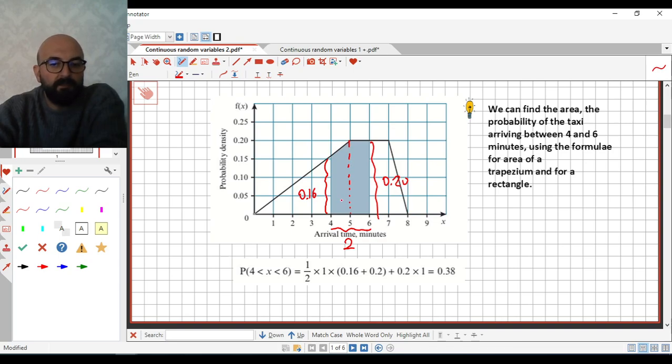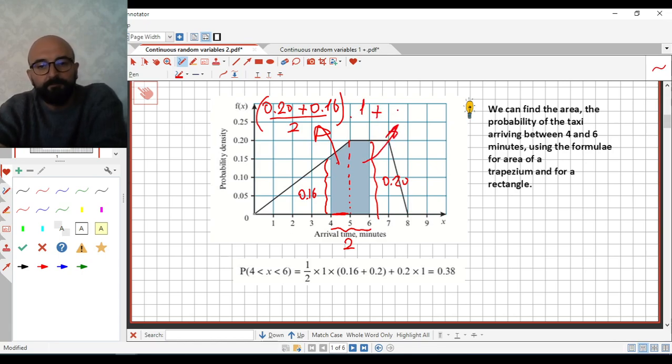So if you want to compute the trapezium area, you should take 0.2 plus 0.16 over 2, multiplied by the height. This height is 1, so multiply by 1, plus this rectangle area, which is 1 multiplied by the other side, 0.20.